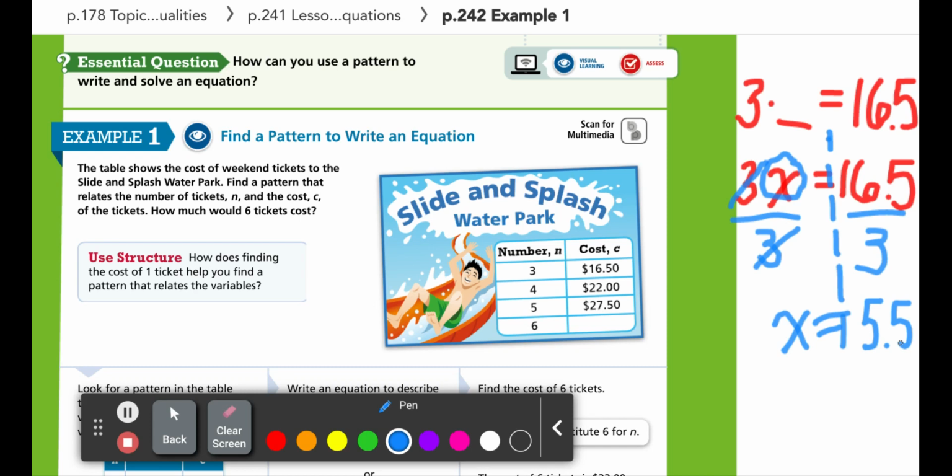So now we have to write an equation. What are we doing to the n number of tickets to find the cost? We are multiplying that n number of tickets times the 5.5, the price for 1 ticket. So we are doing 5.5, right, the cost of 1 ticket, times n will equal the cost for all of the tickets.